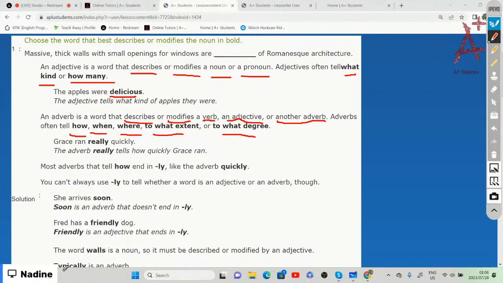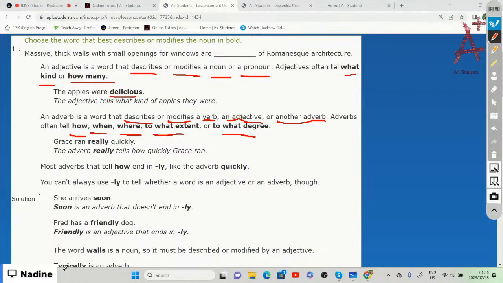So if you identify an adverb within a sentence, you ask yourself questions like, is it telling me how, when, where, to what extent, or to what degree? Those are the questions you need to ask yourself in order to identify the adverb, which describes or modifies a verb, adjective, or another adverb.